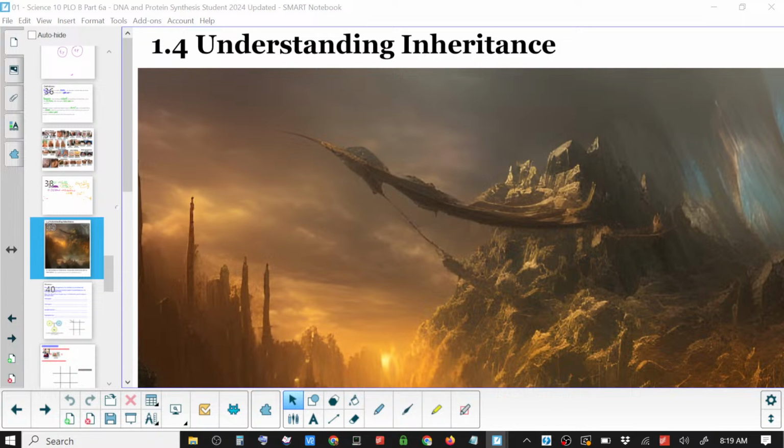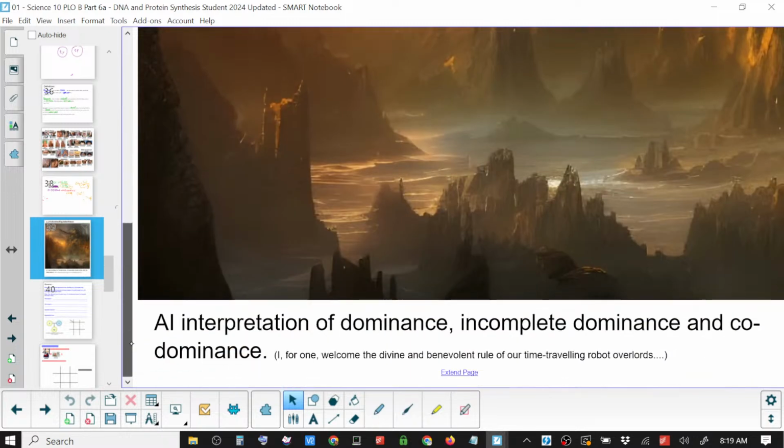Notes packages out, please. No, I asked AI to give me a picture that demonstrates, what was it? Dominant, recessive, and incomplete dominance?